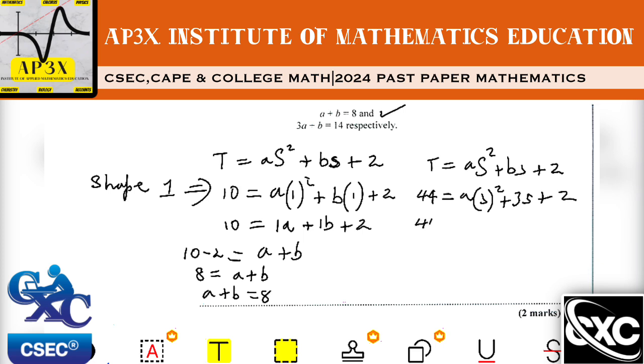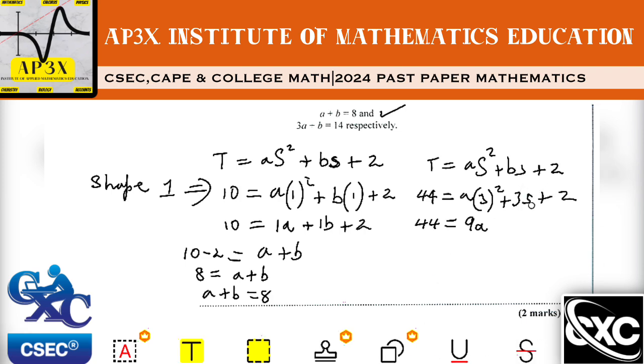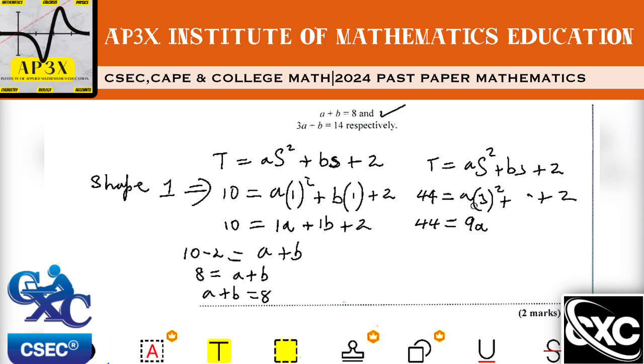So 44 is therefore equal to 3 squared is 9, so that's 9A, and 3 times S is 3. Did not write this one properly, guys. I think this is A times 3 squared, and that's going to be plus B times 3. That's what I had here. So that's going to be plus 3B, and that's going to be plus 2.